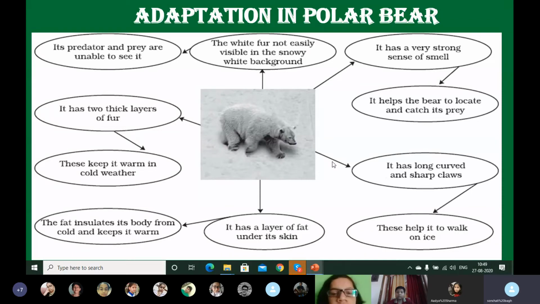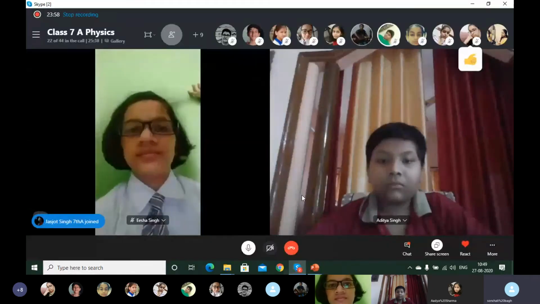Understood? This is the basic adaptation which a normal bear doesn't have, but a polar bear has. Any confusion?